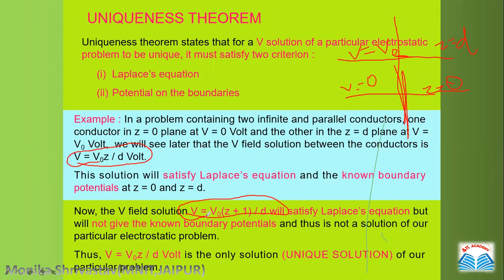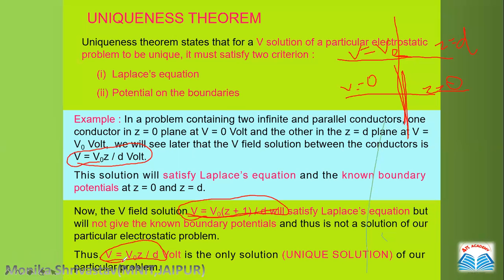So what will we check? We will first check whether this V satisfies the Laplace equation or not. So this V equals V0 (Z plus 1) over d is satisfying the Laplace equation. Now, this V equals V0 Z over D is also satisfying the Laplace equation. Next, what will we check?